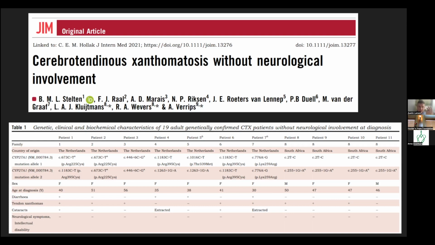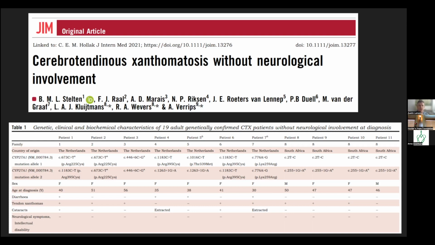Cataracts, tendon xanthomas, diarrhea, those are all symptoms that you don't want to have. But the strongest justification for treating CTX is to prevent progression of neurologic disease. So distinguishing those patients that are at high risk for progressive neurologic disease versus lower risk of progressive neurologic disease is an important thing to do.